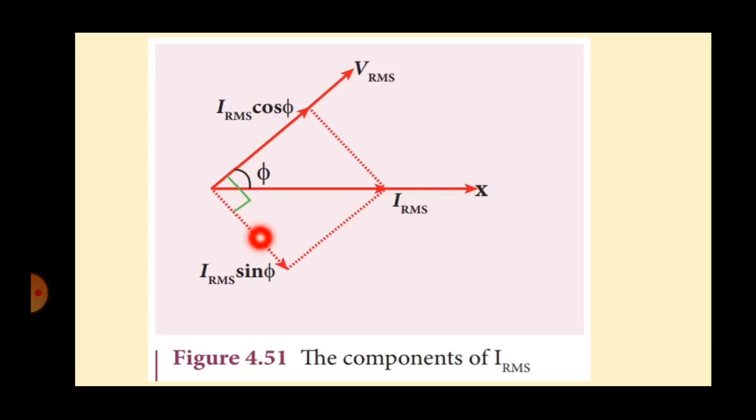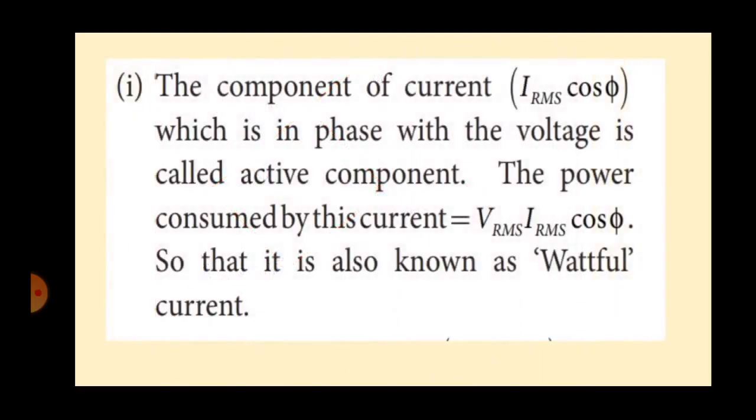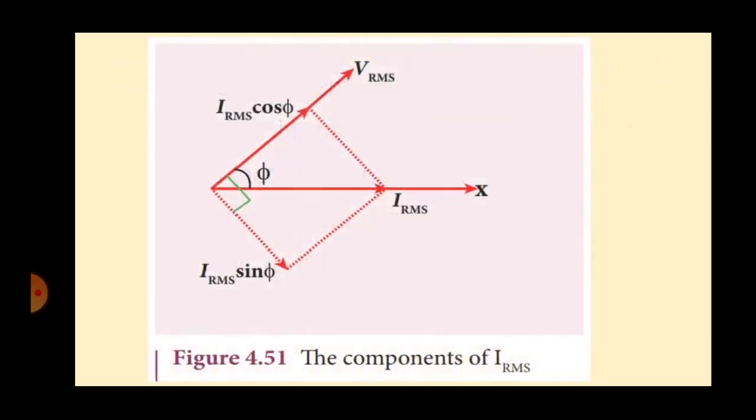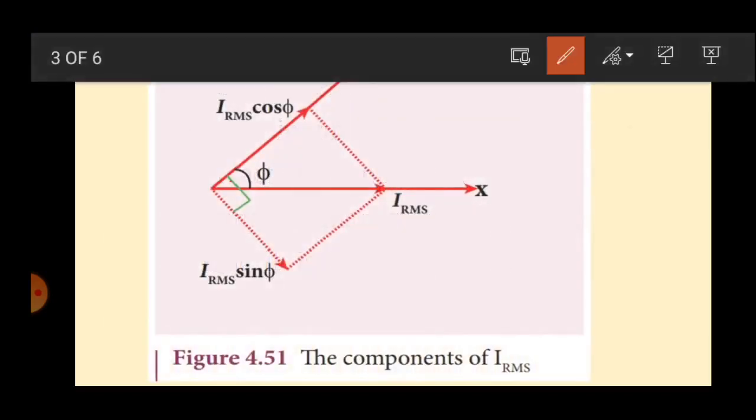So students, in this way there are two cases here. The first case: the component of current which is in phase with the voltage is called the active component. Now see the angle between Irms and Vrms.